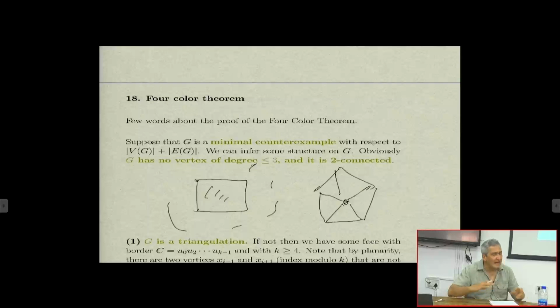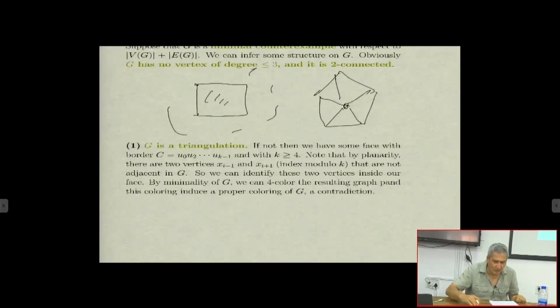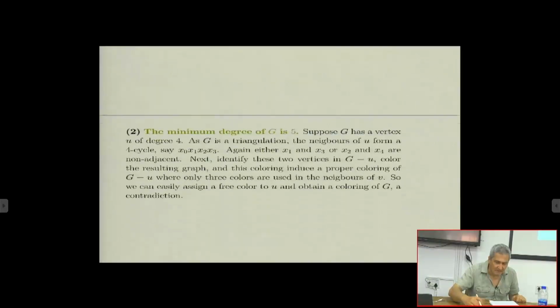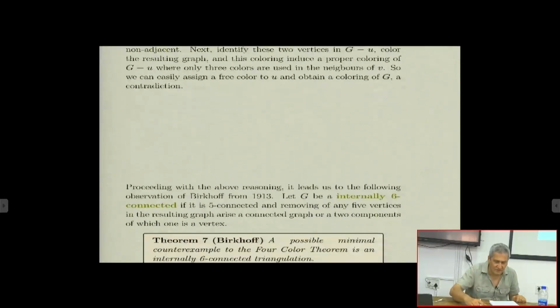So these people, Seymour and Robertson, proved a little bit more mathematics first, then Appel and Haken. This is why they reduced it from 3,000 configurations and some more to 700. So it's a triangulation, yes, minimum degree 5, and so on.